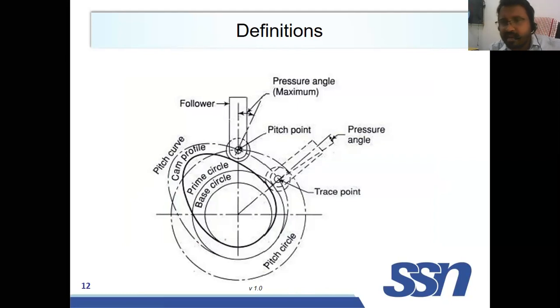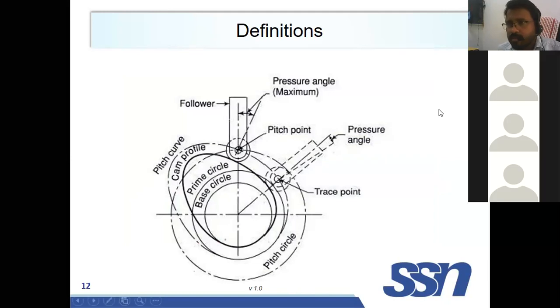What is a pressure angle? Anyone say what is pressure angle? Valikanan, can you say what is pressure angle in the cam?